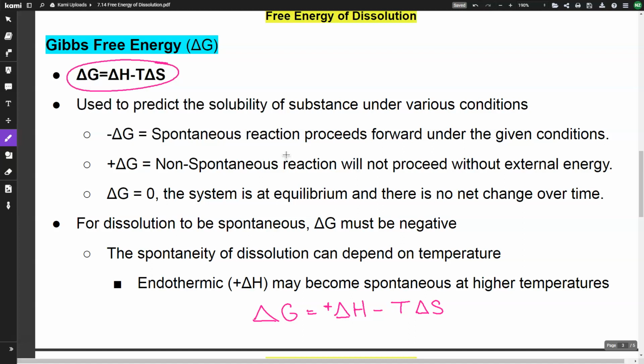If our temperature is a really high value, I'm subtracting a really big number, potentially, and our overall Gibbs value is going to be negative. So if I have a smaller delta H value and a really big temperature, I'll end up with a net negative here.